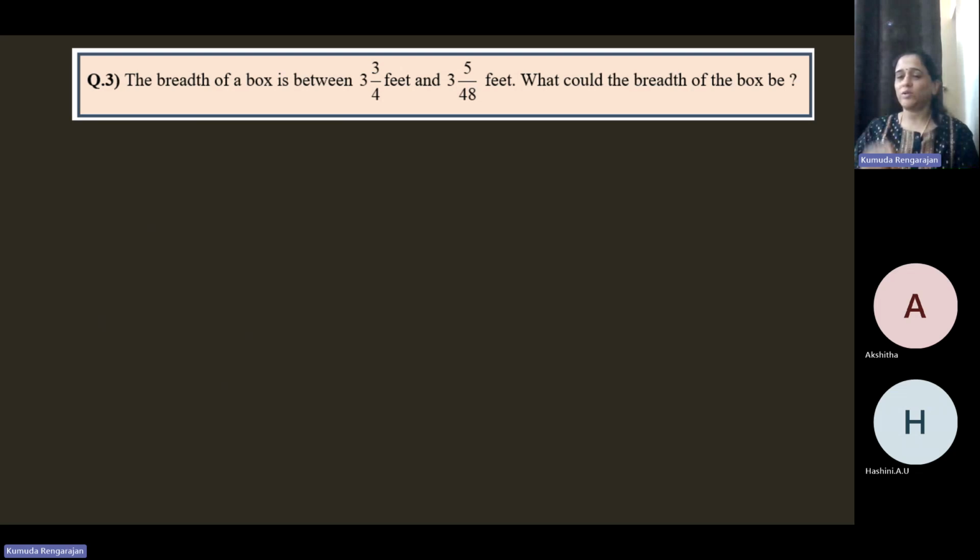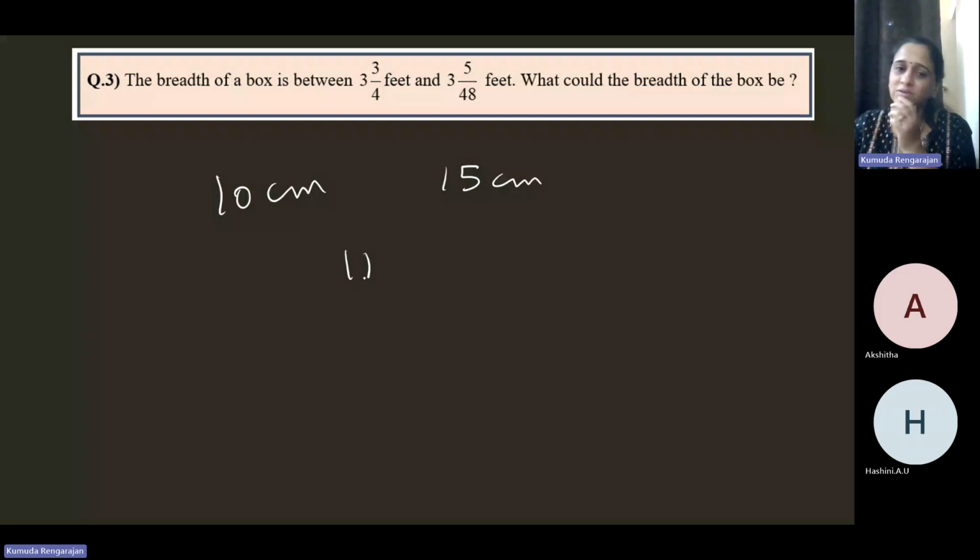See, I'll tell you like this. The breadth of a box is between 10 centimeters and 15 centimeters. So what could be the breadth of the box? 14 centimeters. So what can be the breadth? It can be 11, it can be 12, it can be 13, it can be 14.